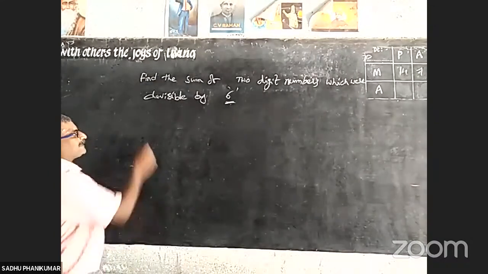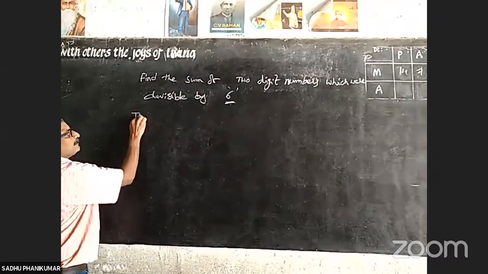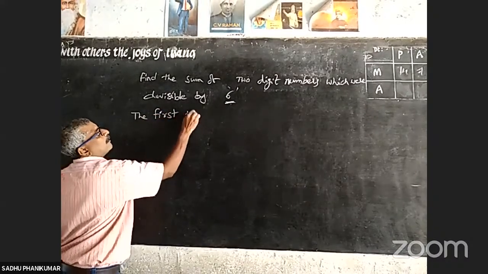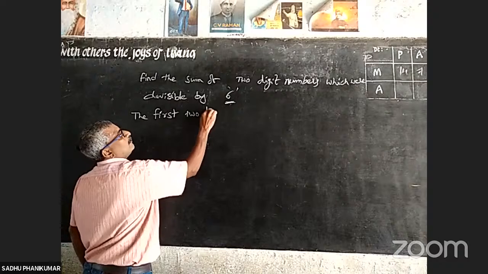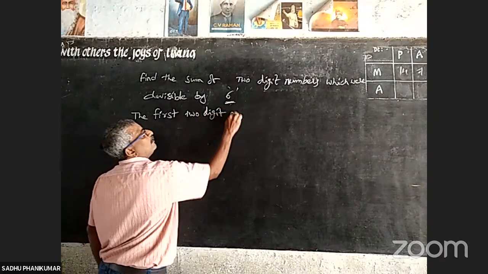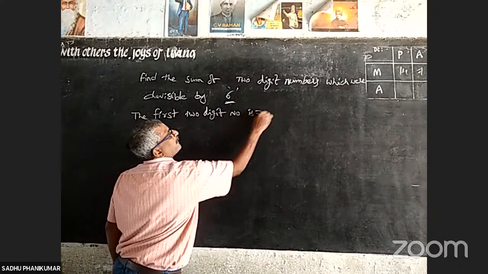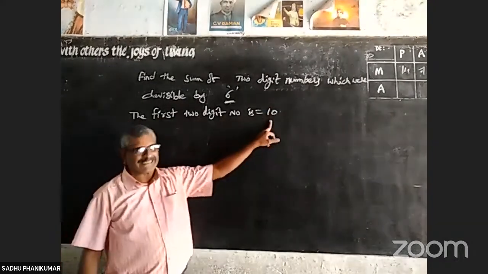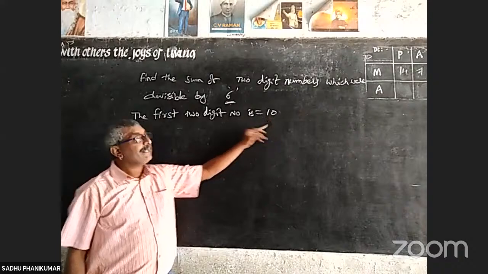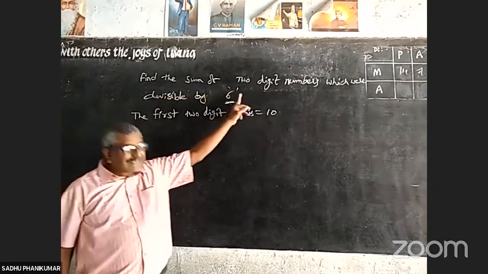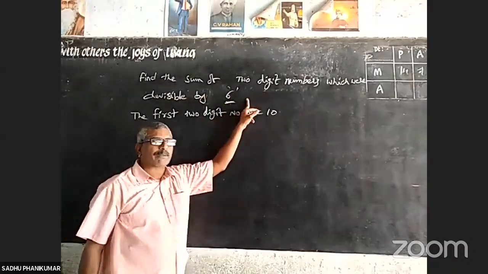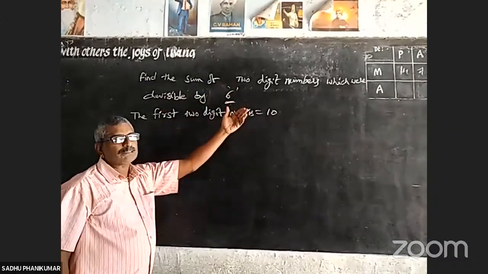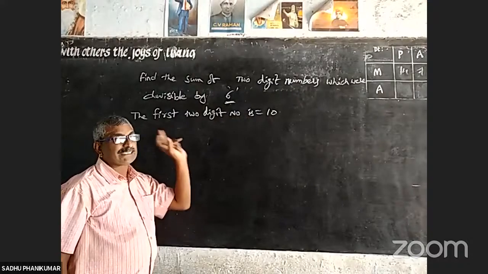Okay, so the first two-digit number is 10, but it is not a multiple of 6. For the condition, it should be divisible by 6. What are the multiples of 6? 6 1s are 6, 6 2s are 12.